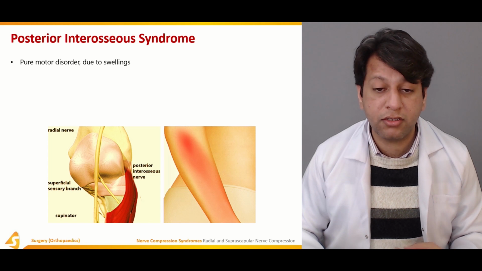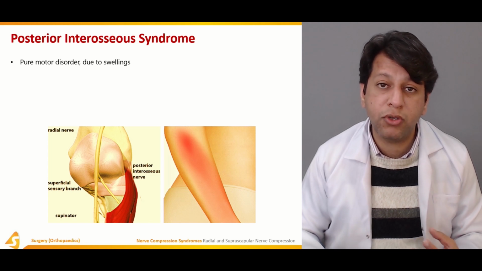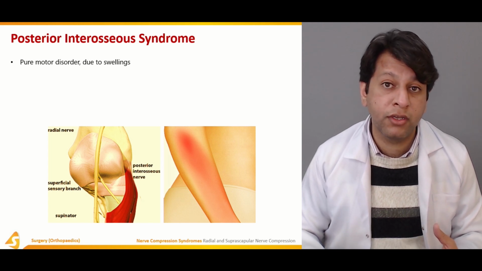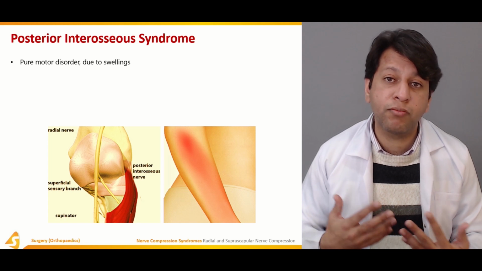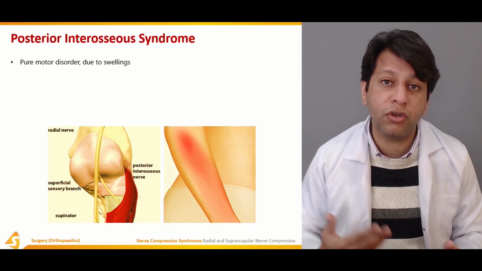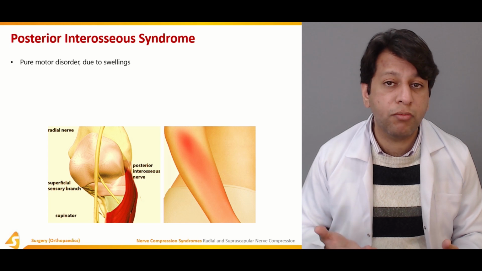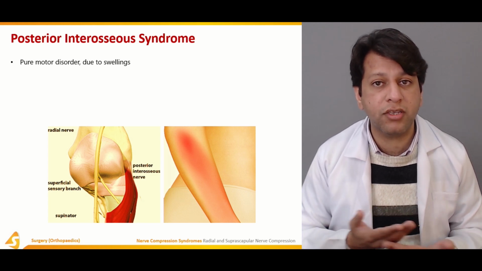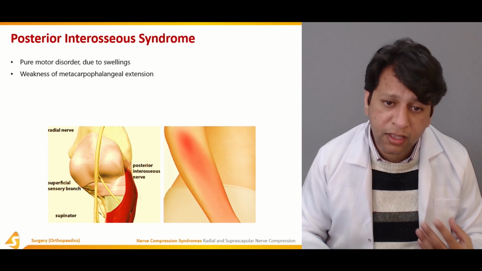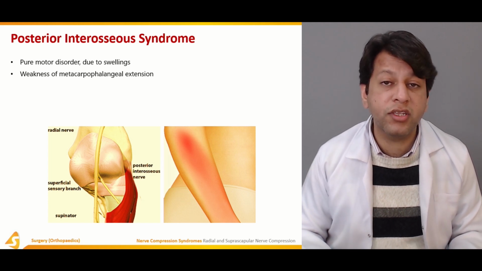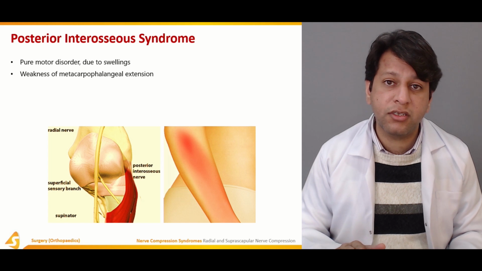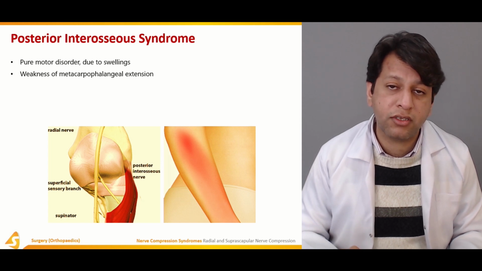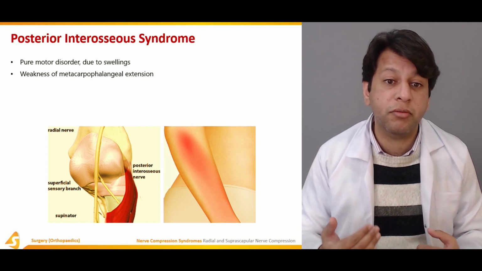It is a pure motor disorder. Why? Because it has no sensory supply. So in posterior interosseous nerve injury, there will be only muscle paralysis. There will be no sensory loss, which would otherwise be seen in the posterior part of the forearm as well as the wrist joint. There will be weakness of metacarpophalangeal extension because extensor digitorum indicis and extensor digitorum communis are supplied by the PIN.